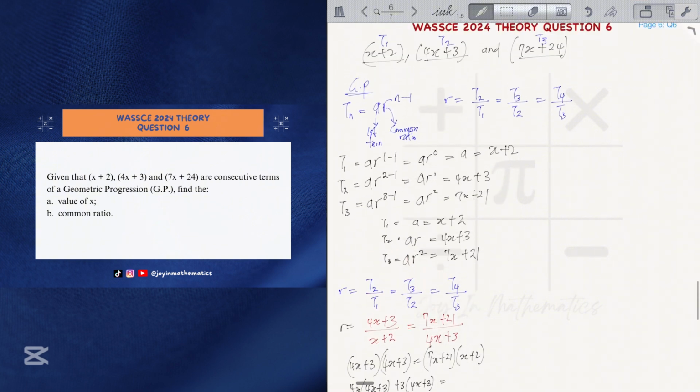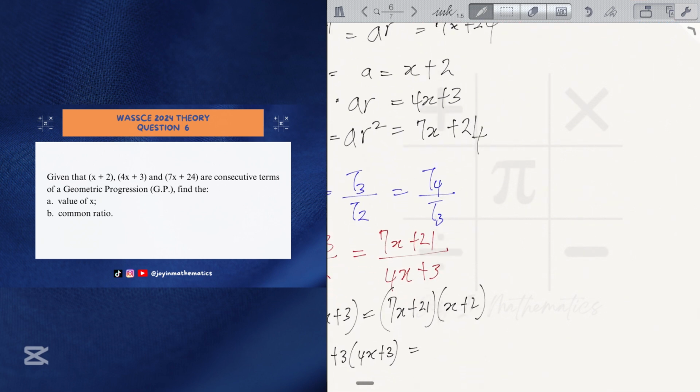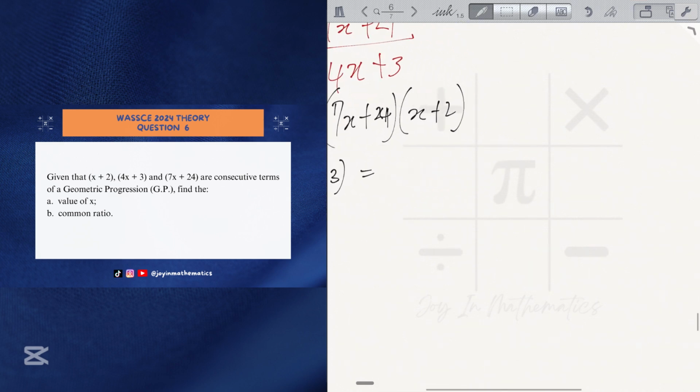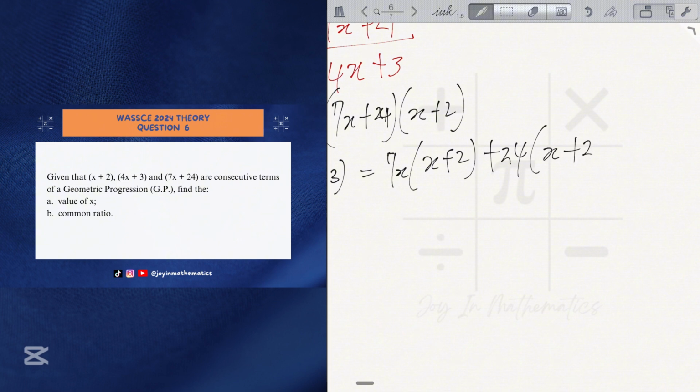This is 7x plus 24, not 21. So let's open the bracket with 7x into x plus 2, plus 24 into x plus 2.